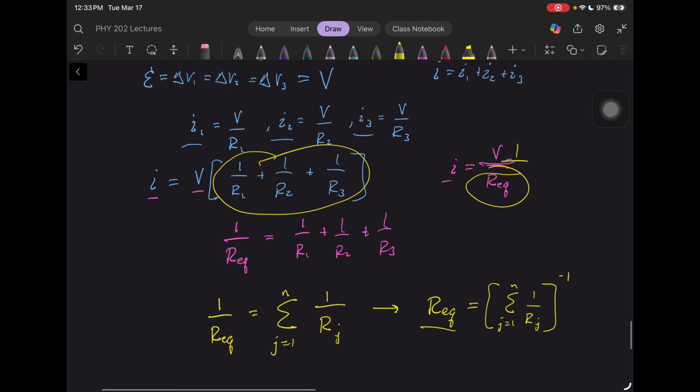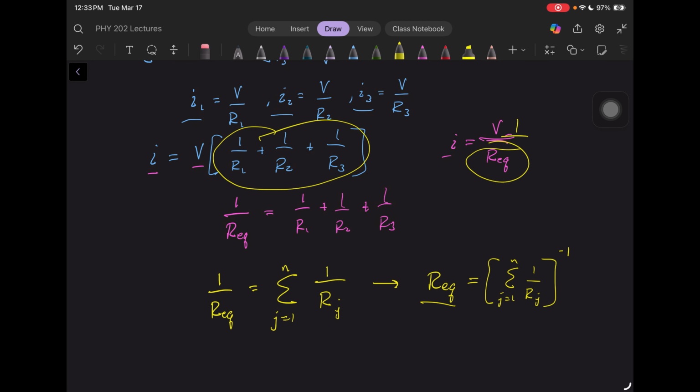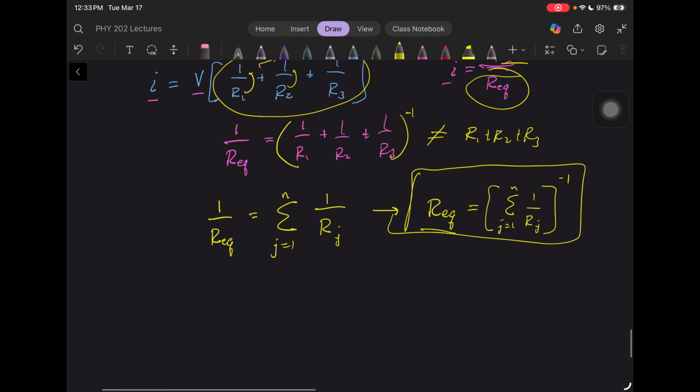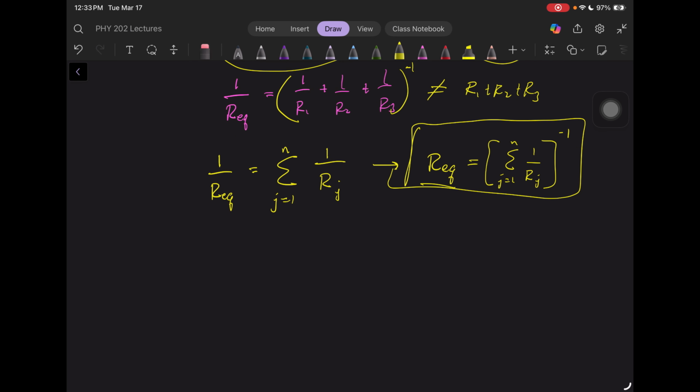Super important to note that you can't just flip all of these and add them together. Like this to the -1 is not equal to just R1 plus R2 plus R3. That's a really common mistake that we're not going to make. None of it is, it's a learning opportunity. And so it's also a good little equation to have. Well, I guess we'll say this is N resistors in parallel.